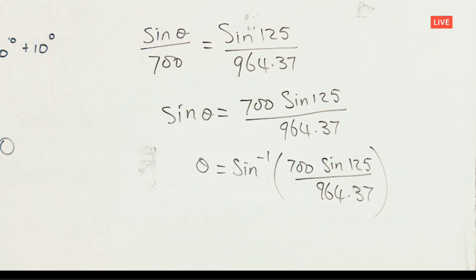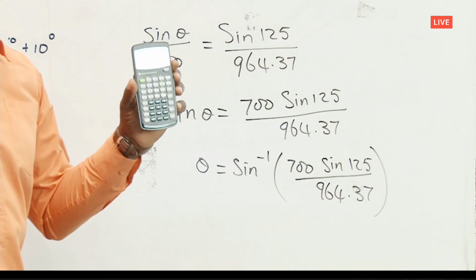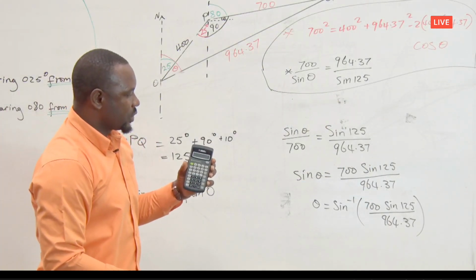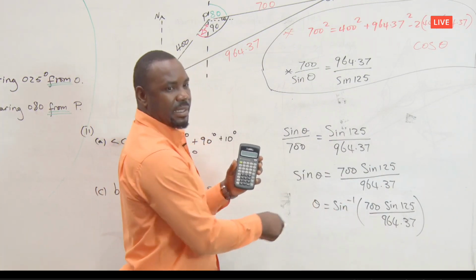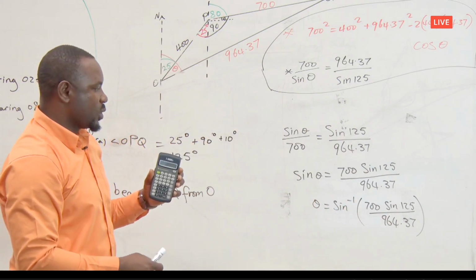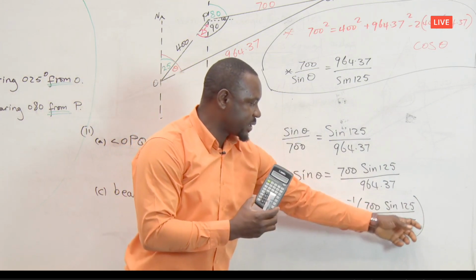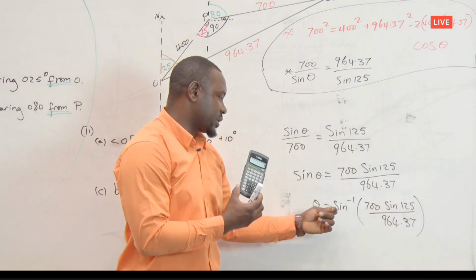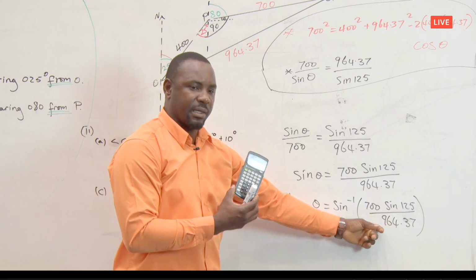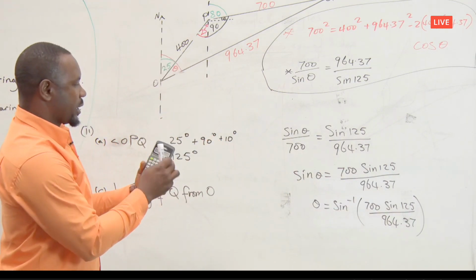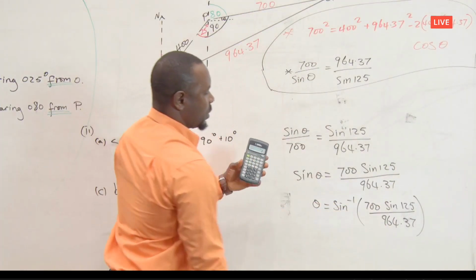This is where your calculator is going to help you now. Remember, in my calculator, I need to put in the number first and then sine after. So I will have to simplify this first and then press sine inverse of whatever result I get inside here.